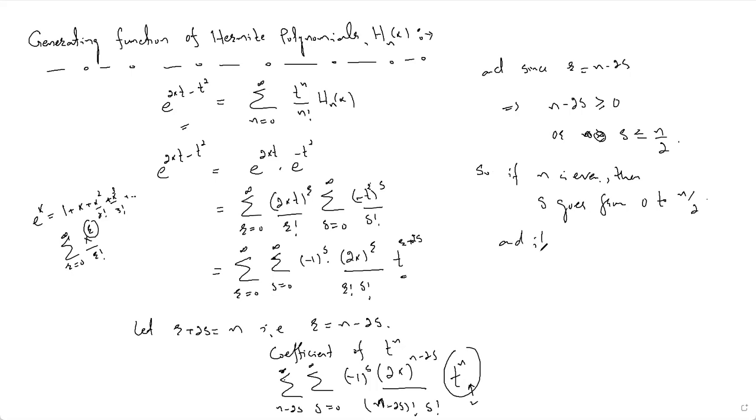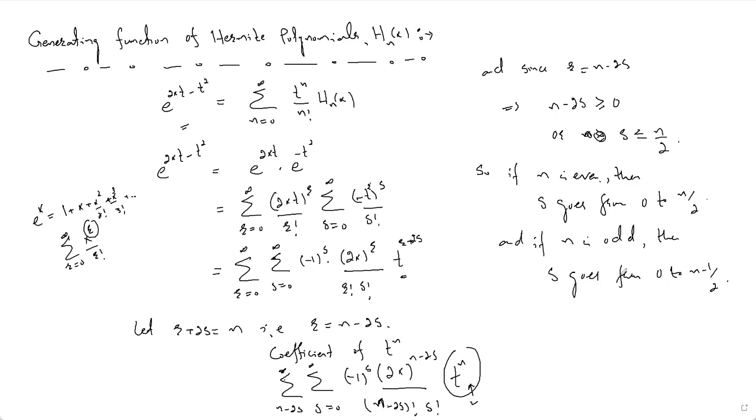And if n is odd, then s goes from 0 to n minus 1 by 2. It will take these values depending upon the value of n.